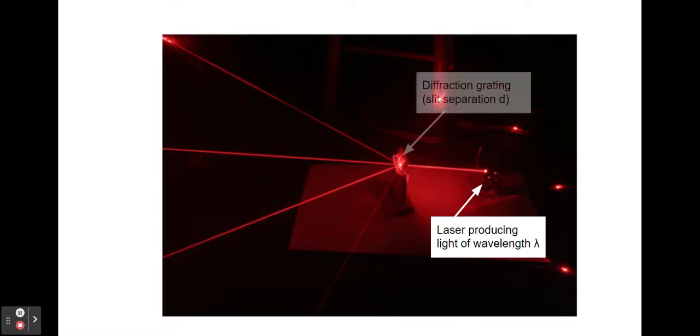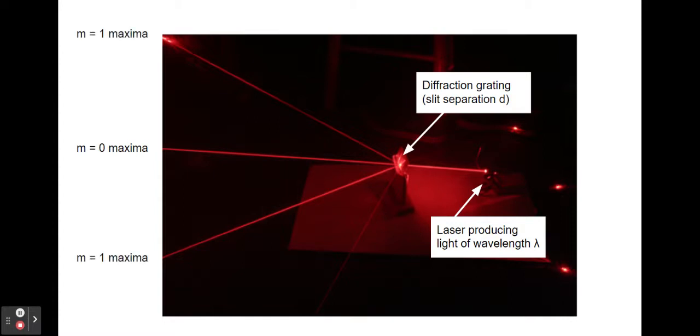And it's shining onto the diffraction grating there with a certain separation of lines on it, producing an interference pattern on the other side. Right along the center, we get what's called the central maximum, where there's constructive interference of that light occurring. Either side of that, we've got the first order maximum, and then either side of that, the second order maximum, and so on.